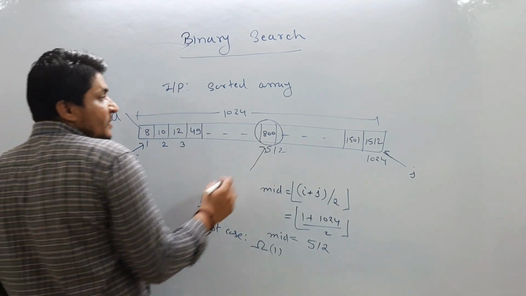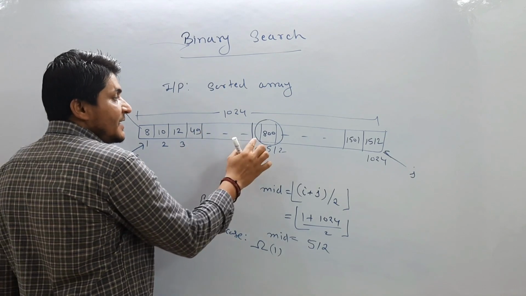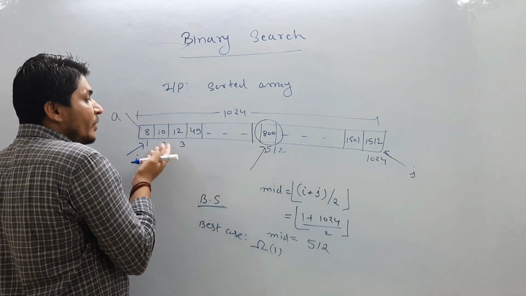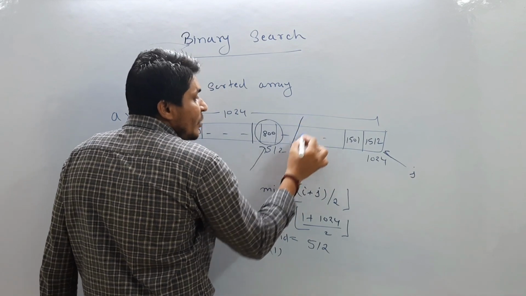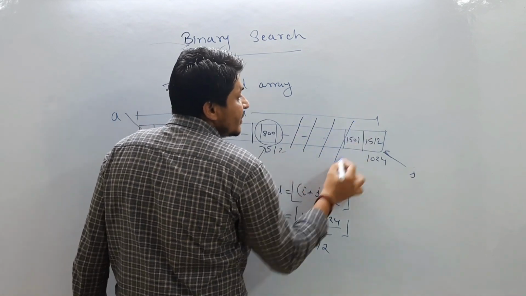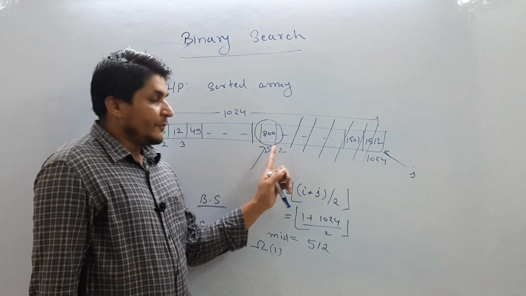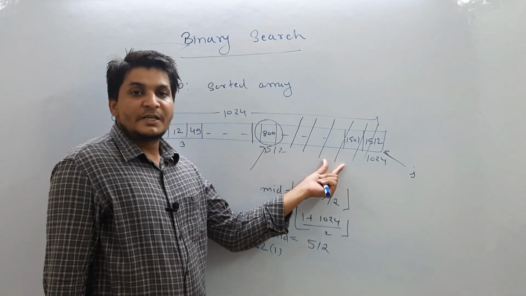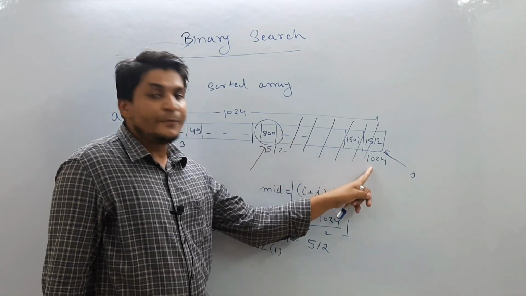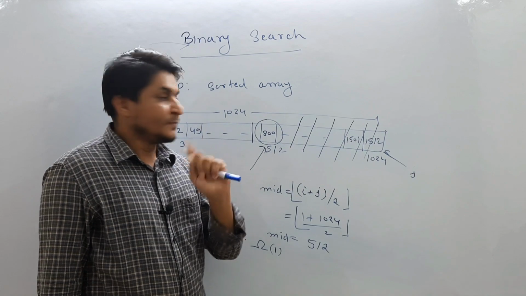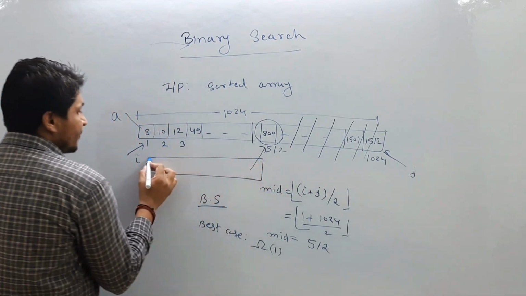Then after making one comparison, you have decided your value could be available only on this side, it cannot be available on this side. Means what? You have eliminated how many elements? Exactly 512 elements in one comparison. So now your problem has become only 512 elements.